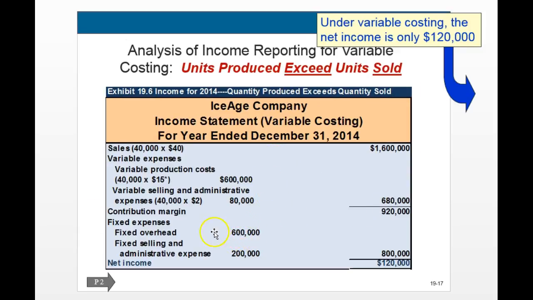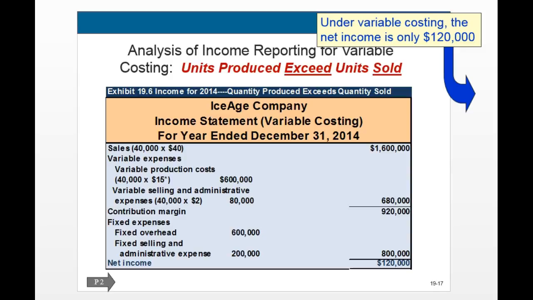Here, right here, we expense that whole amount out. So that's already been deducted. So when we sell these units next month for $15, those 20,000 units, our expense will be less, and we'll catch up with that.